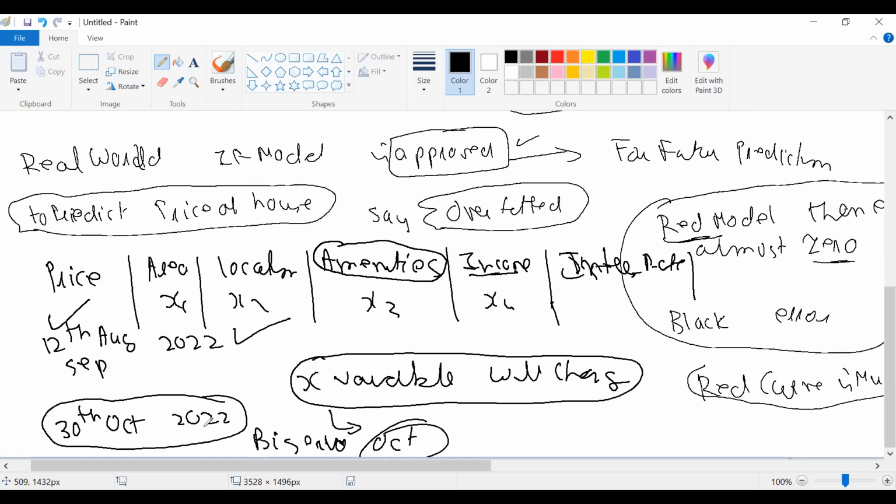If model is overfitted, a small change in X may result in large change in your Y. Which means model will need frequent retraining. And retraining will involve time and cost.